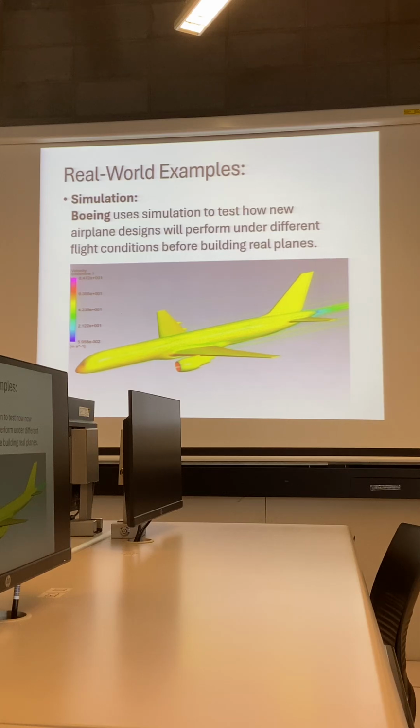Simulation, for example, Boeing, the airline, this is the manufacturer of the airplane, uses simulation to test how a new airplane design will perform under different flight conditions before building real planes. Simulation is very important, especially in engineering. However, is there any X factor when they really build it? Of course.